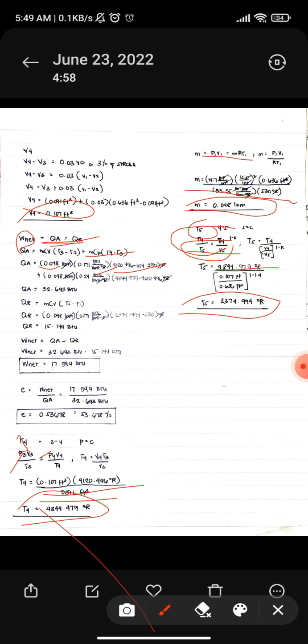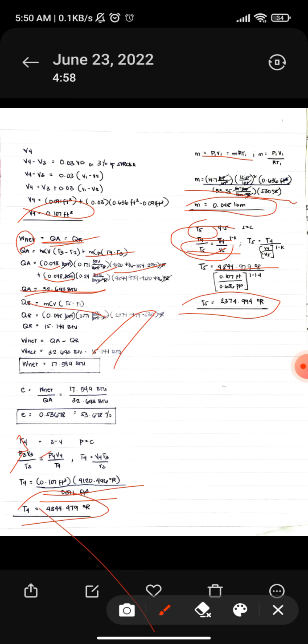M equals 0.048 pound mass times CP na 0.24 BTU per pound mass degree Rankine times T4 minus T3 na 4844.97 minus 4120.496 degree Rankine. So yung QA natin dito is equals to 32.693 BTU.